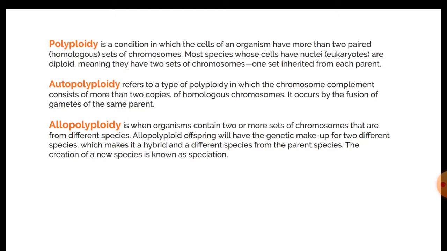And if this diploid gamete is again fertilized with another diploid gamete, then it will produce a tetraploid individual which carries 4 sets of chromosomes. Now the polyploids can be either from the same species or from different ones.